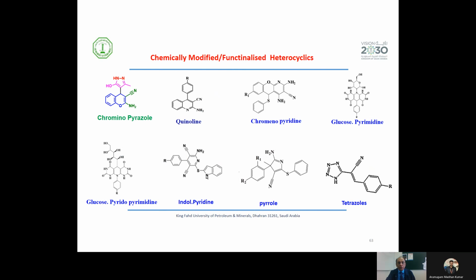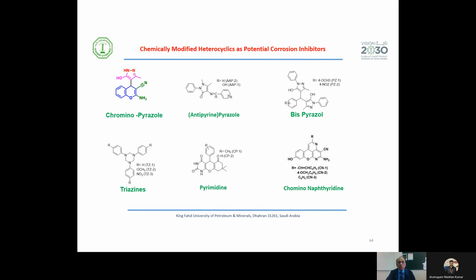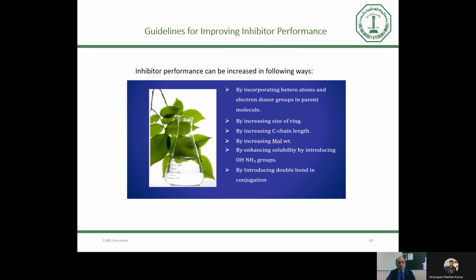Through these features, they are adsorbed on the metal surface. And these are the modified heterocyclic compounds. We can modify the virgin heterocyclic compound by introducing more functional groups, and if you introduce more functional groups, their performance is further enhanced. There are certain guidelines for improving the performance of an inhibitor by incorporating heteroatoms and electron donor groups in the parent molecule.